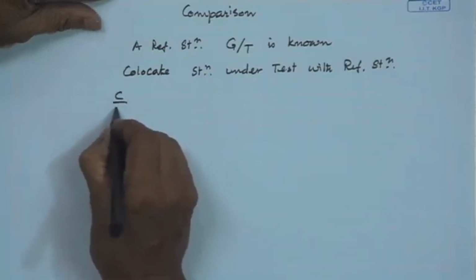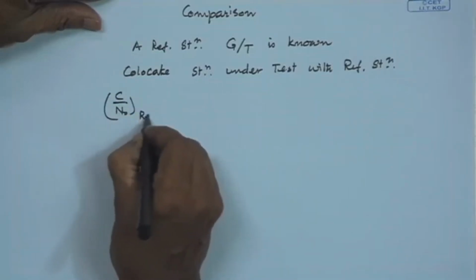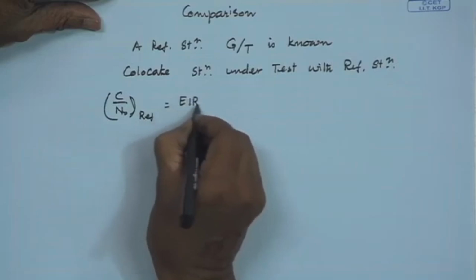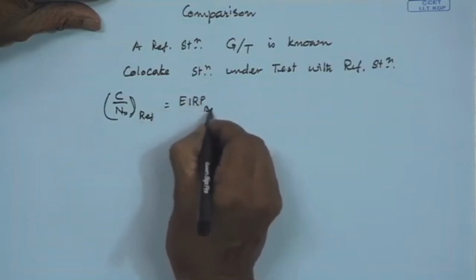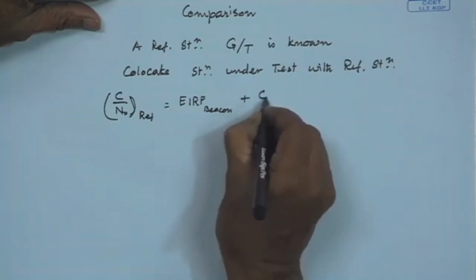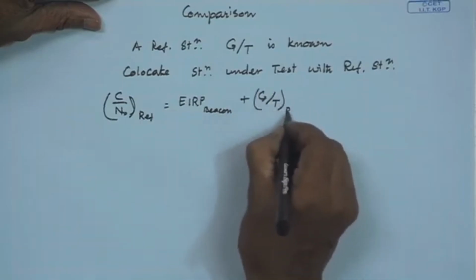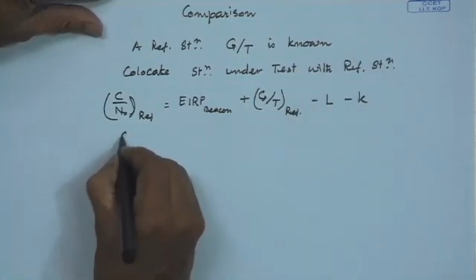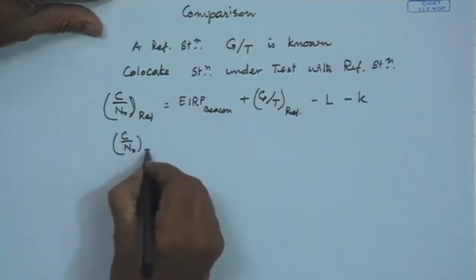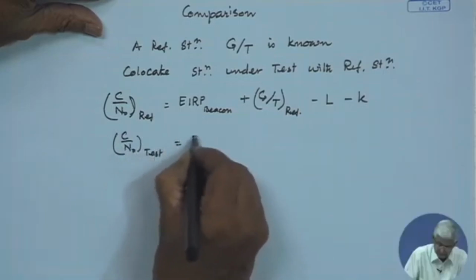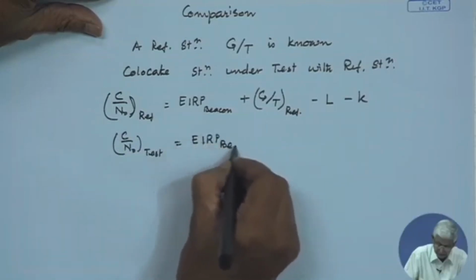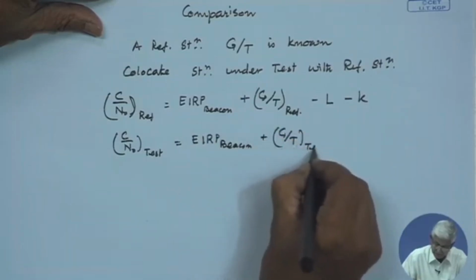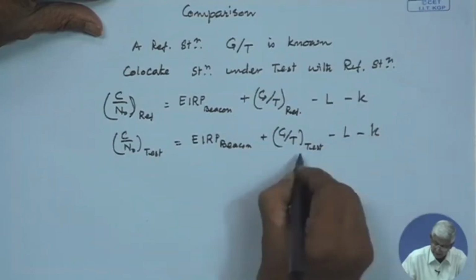So, the reference station measured C by N naught in the downlink is equal to EIRP of the beacon plus G by T of the reference station minus the losses minus k, and the C by N naught of the test system is EIRP of beacon plus G by T of the test system minus L minus k. This is unknown.